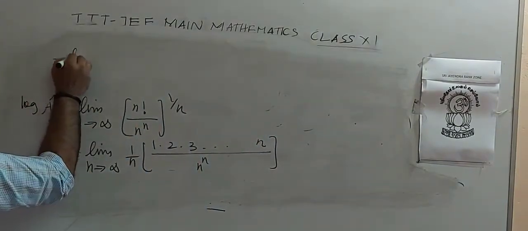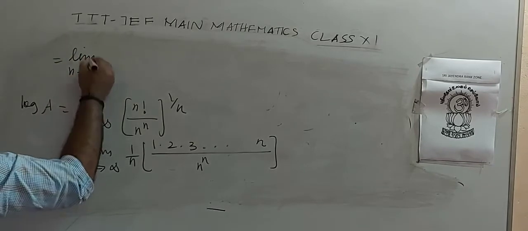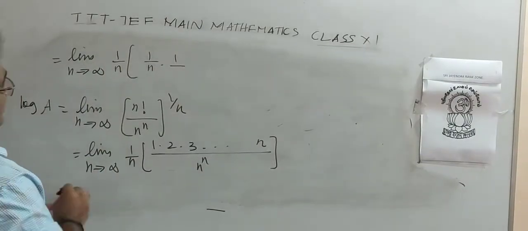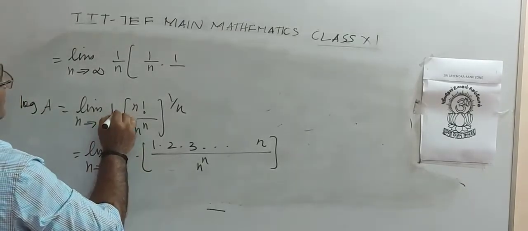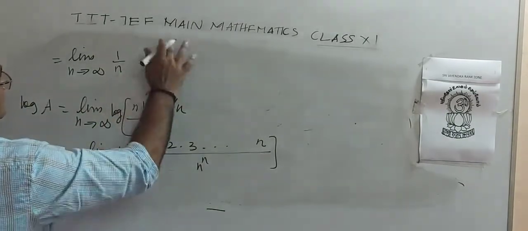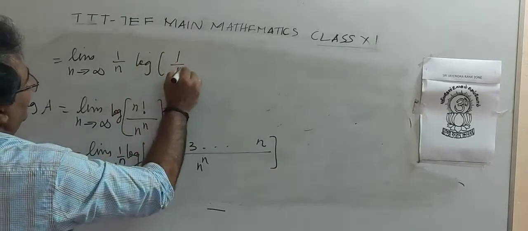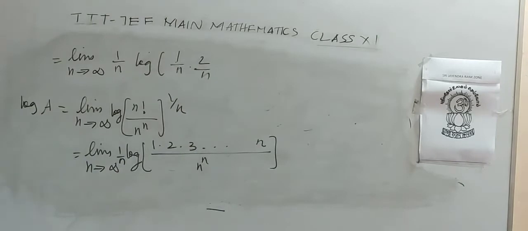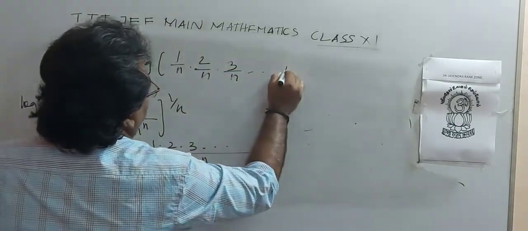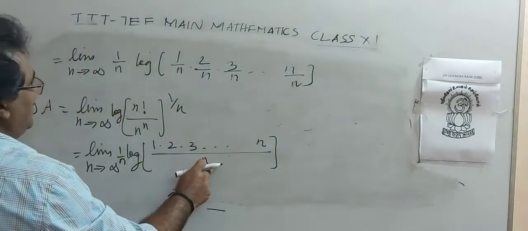Equal to limit n tends to infinity 1 by n, log 1 by n, log 2 by n. Here n power n can be split like this.